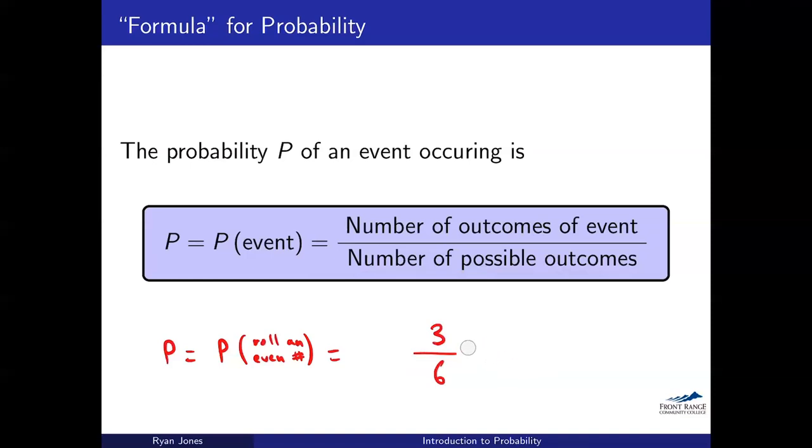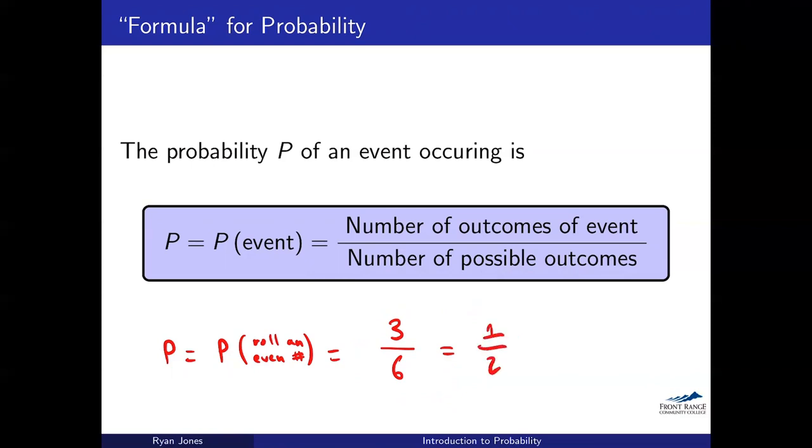Let's clean this up a little bit. So we've got 3 over 6 right here, as 3 choices for evens divided by 6 possible choices. And maybe instead of choices, I could use the word outcome. That'd be a little bit better. Actually, let me write this out differently.